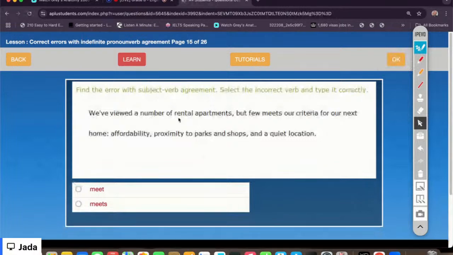Okay. We have viewed a number of rental apartments, but few meet our criteria for our next home: affordability, proximity to parks and shops, and a quiet location. So meet or meets, what do you think?